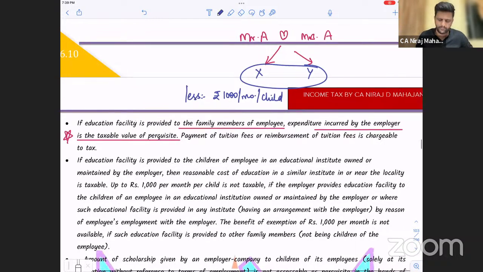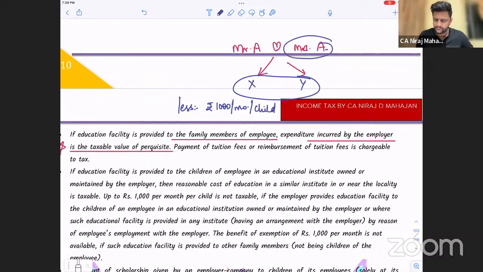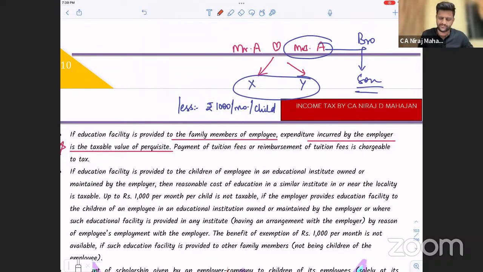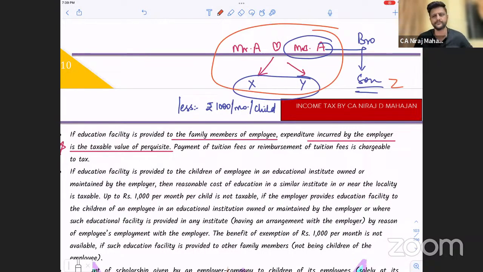Correct till here. But understand, Mrs. A's brother, son, whatever, a blood relation, the responsibility is with this family only. Let us call him Z. So Z is staying with Mr. and Mrs. A, and Z's education is also sponsored by the employer. Then Z is not a child of the employee.